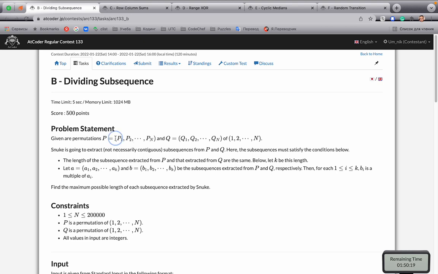Since we have iterated only elements that are to the left in P, we only care that the last one in Q should also be to the left, so we take the maximum of dp values on a prefix, which can be done with a segment tree.